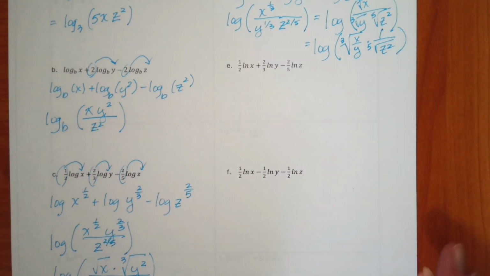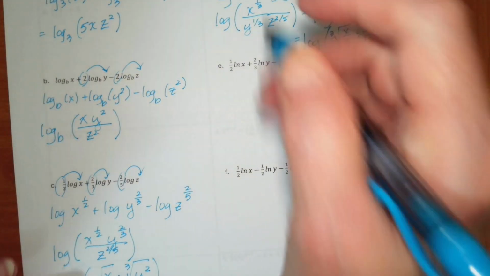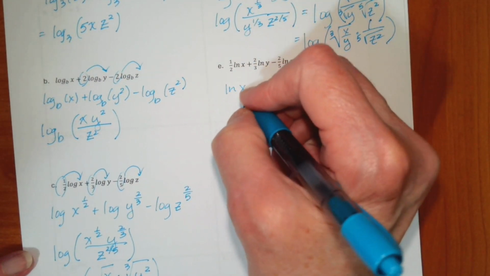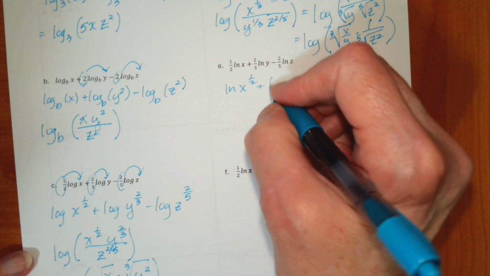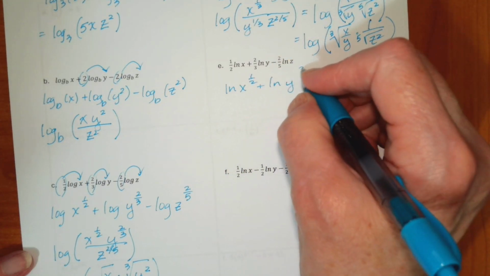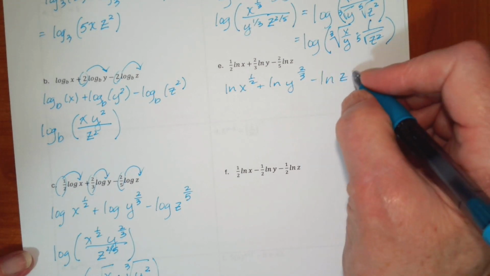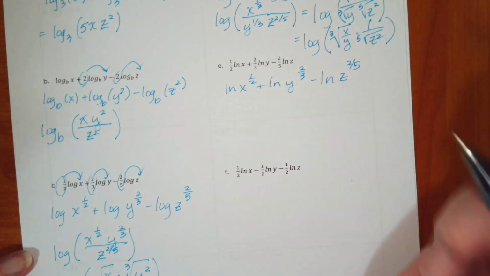Okay, this one is very, very similar. So I'm going to skip the first step. I'm going to go straight to, this is the natural log of x to the 1/2 plus a natural log of y to the 2/3 minus the natural log of z to the 2/5.